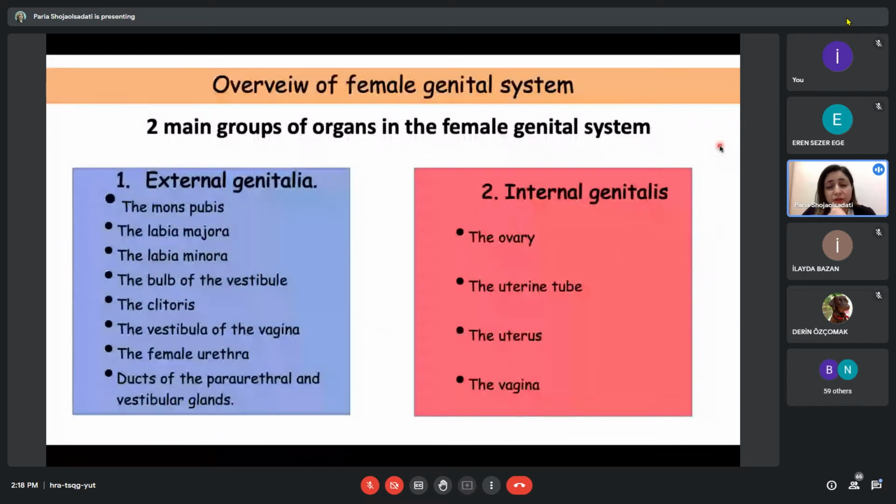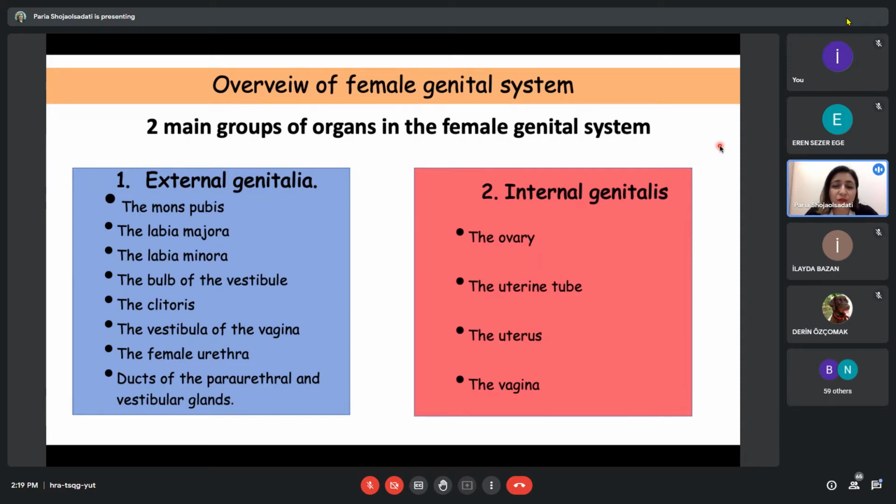Now let's look at the other organs of the systems. We can divide the genital organs into two groups: external genitalia and internal genitalia. The external genital organs are the part of the system that is visible in the urogenital triangle, and the internal genitalia are the part of the system that is located inside the body.